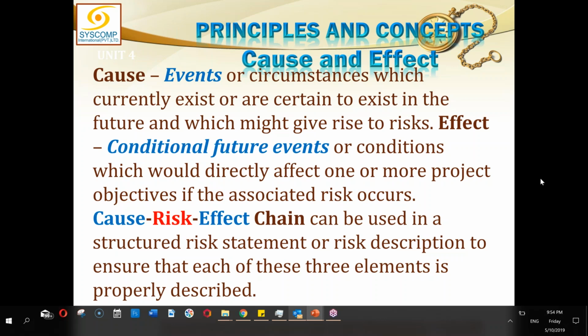So the risk you are specifying cannot be that we will get delayed or we will overspend or we will overshoot. There will be a scope creep. These are not the risks, these are the effects. Never ever try to bring in the scope, time, and cost in the risk itself. It is not the probability. So try to keep them on the effect side always.